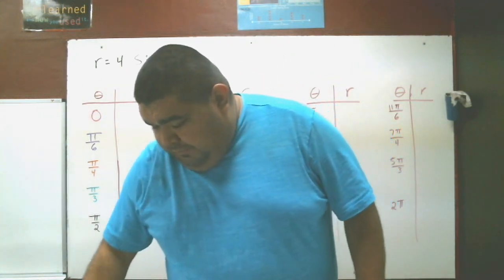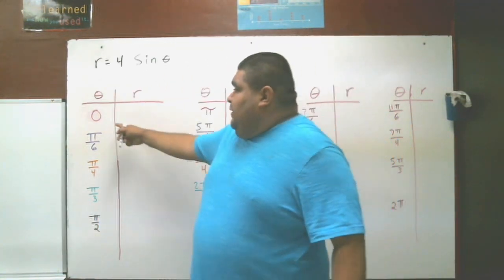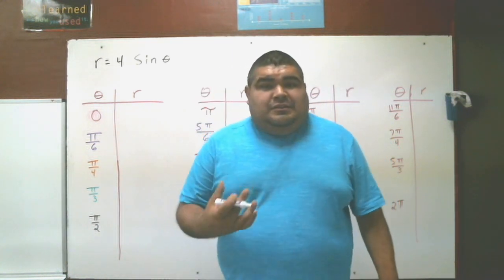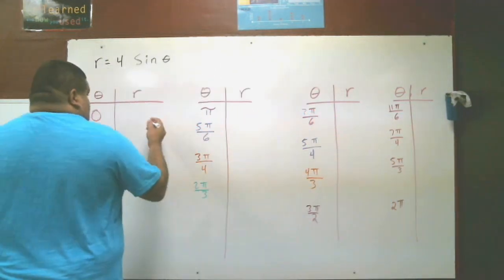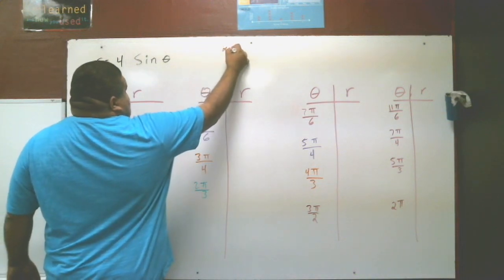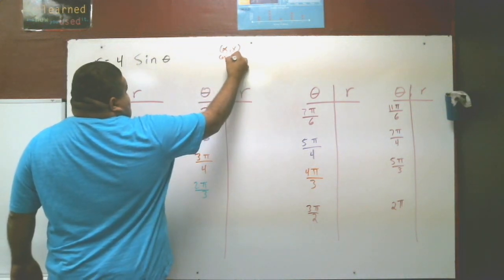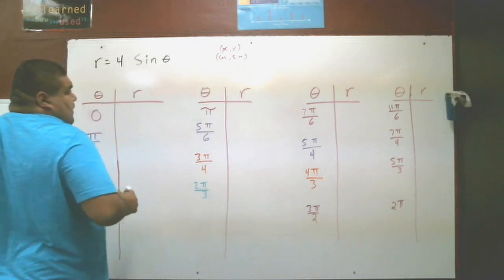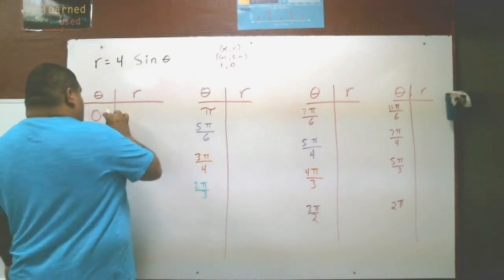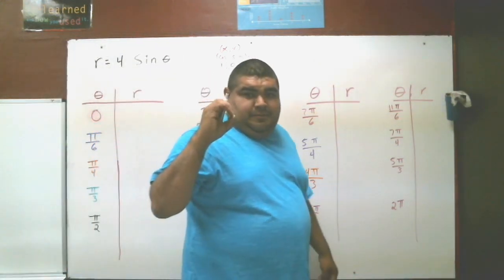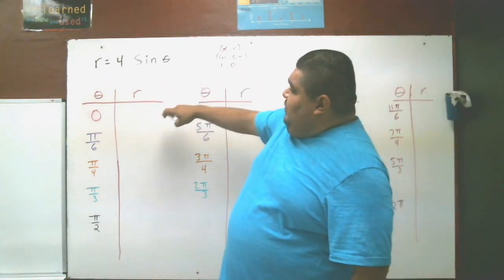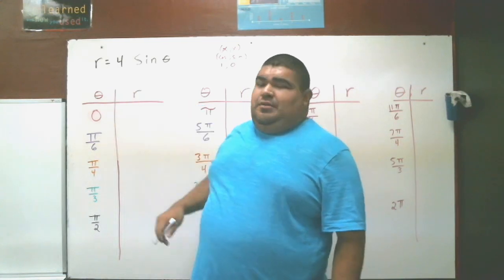So, on 0, on the unit circle, remember, we have our first point, our x-axis, and our y, which is cosine and sine. We have 1, 0, 4, 0. Remember, we're only looking for sine, so sine is 0. So 0 times 4 is 0.